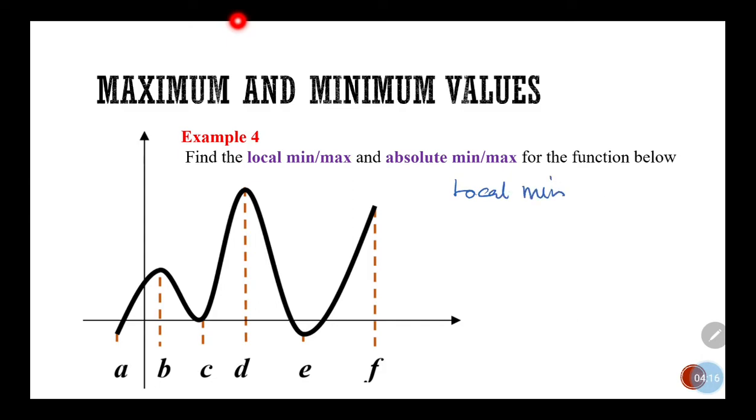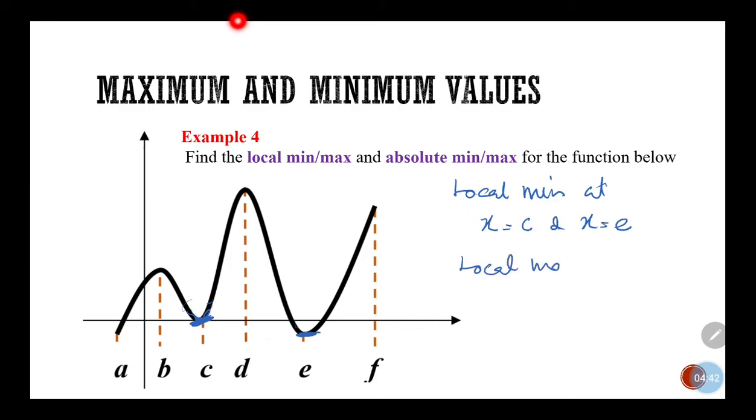Local minimum at x equals to what? Local minimum at x equals c, yes, and x equals e. Minimum yang bawah, c and e. Sebab boleh faham lah, dia rendah compare dengan jiran-jiran dia ni, neighborhood area dia.